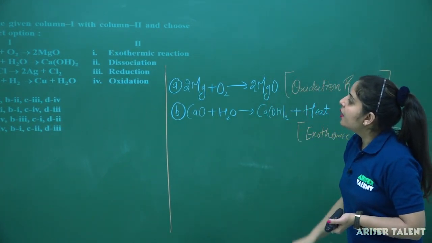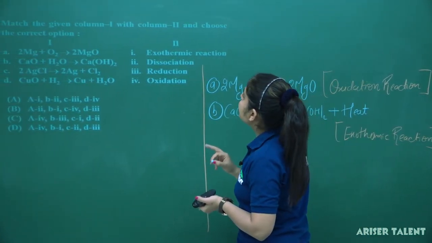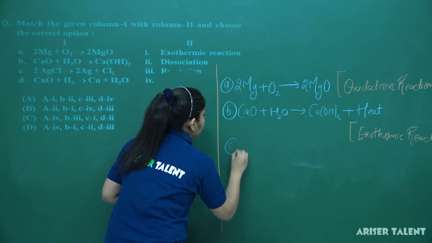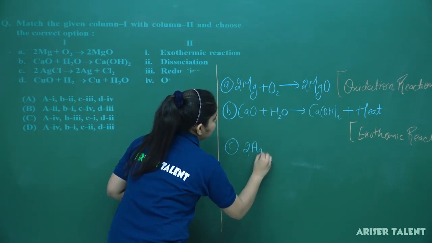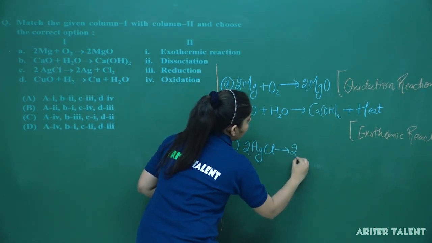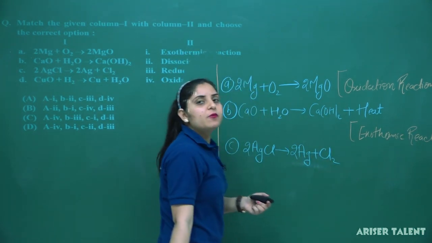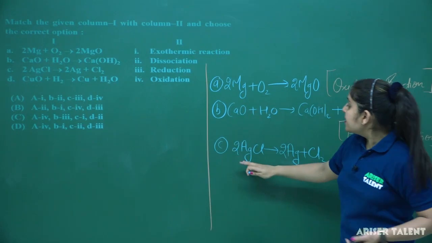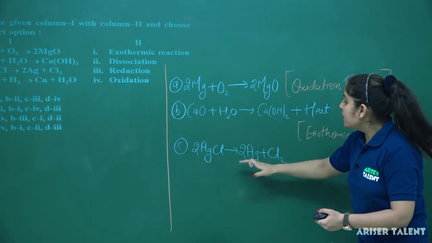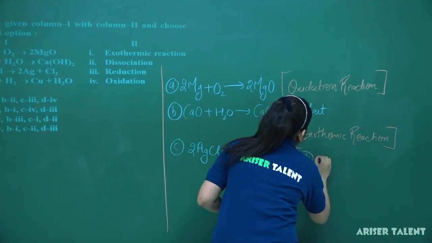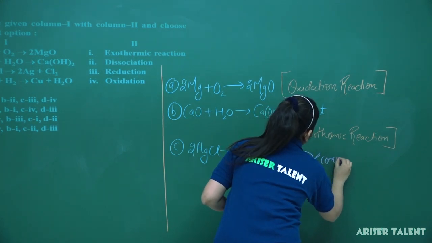Now our third equation is 2 AgCl gives 2 Ag plus Cl2. 2 AgCl will give 2 Ag plus Cl2. So what we can observe here, silver chloride breaks into silver and chlorine. So it is a kind of decomposition reaction.